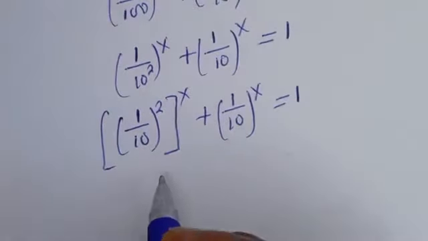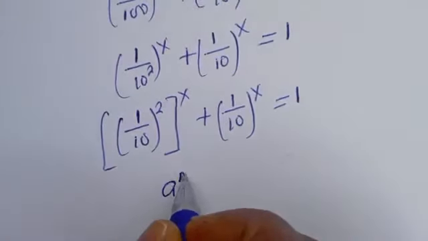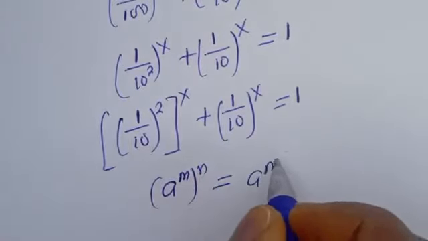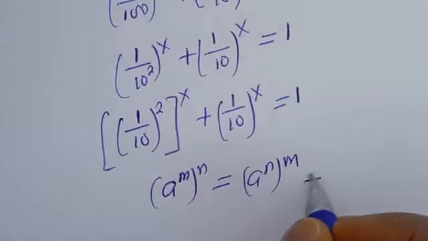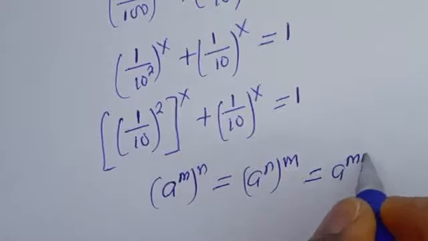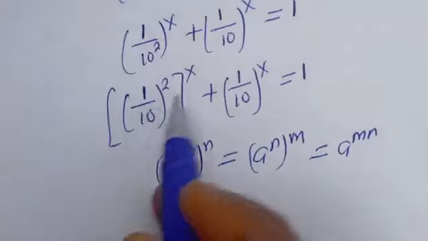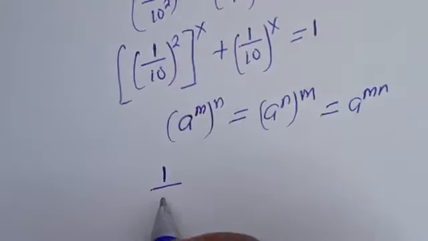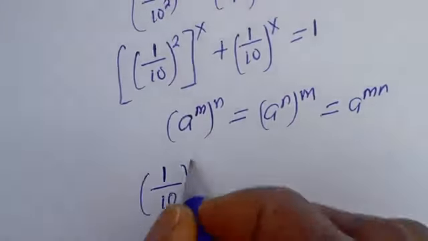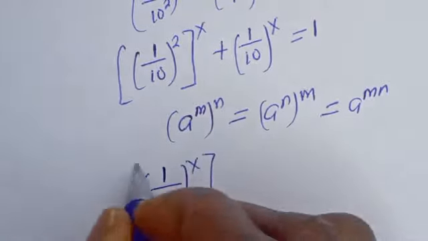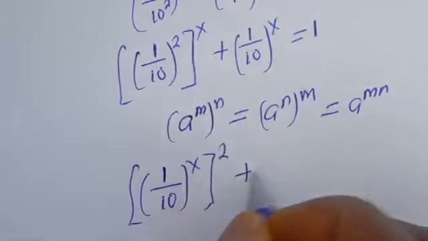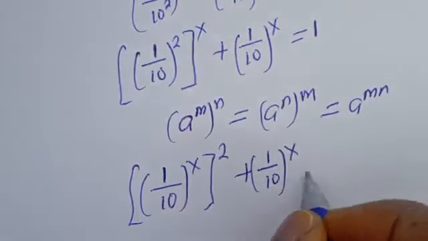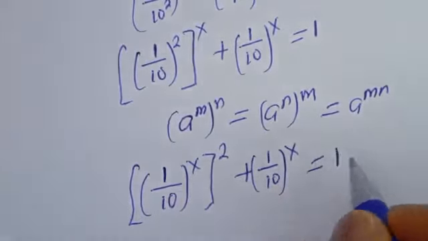Take note of this exponential rule: if you have a raised to power m to the power of n, this is equal to a raised to power n to the power of m, which is equal to a raised to power mn. Then this can be written as 1 divided by 10 to the power of x, then all square, plus 1 divided by 10 all to the power of x is equal to 1.